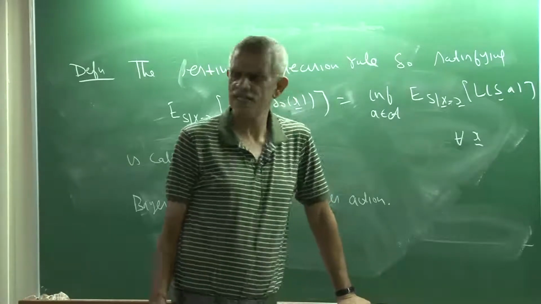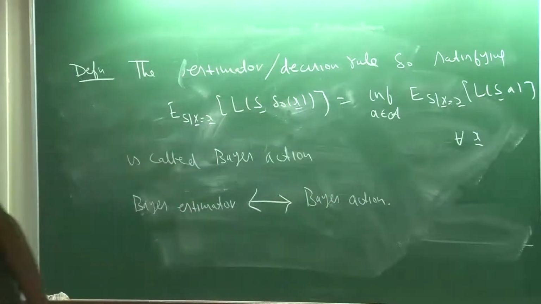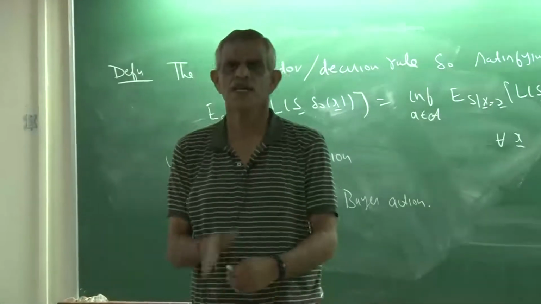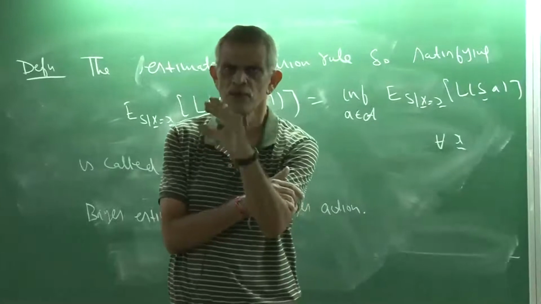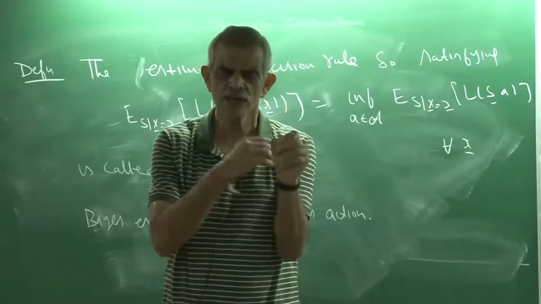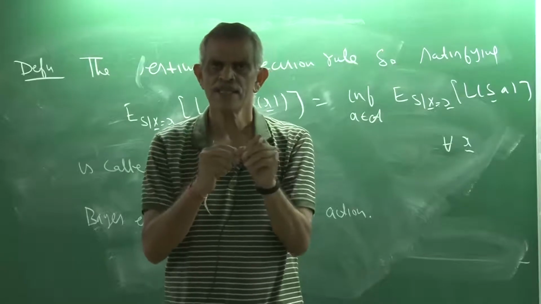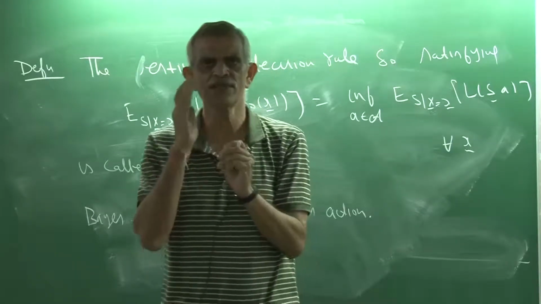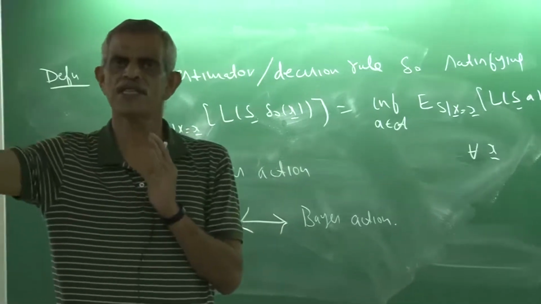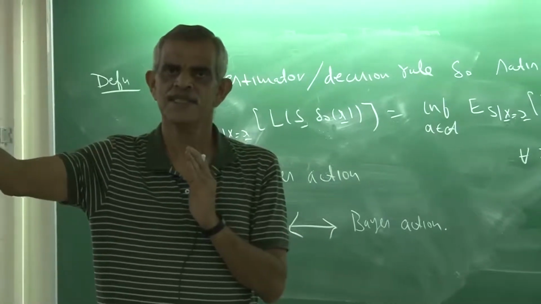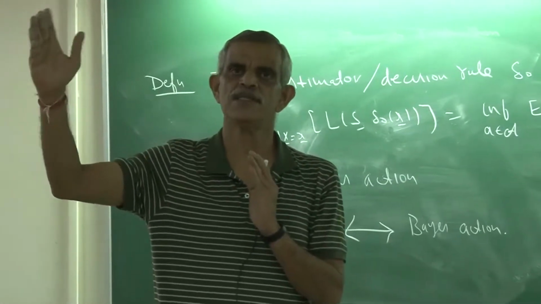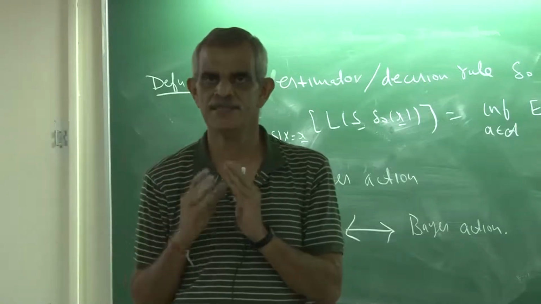And what Bayes action says is very simple, because this is all based on your intuition. The moment I had a prior information, my intuition suggested that I should look at the sources of information about theta. One was the prior information. The other was the information contained in x, which is equivalent to saying the information contained in the distribution of x given theta.